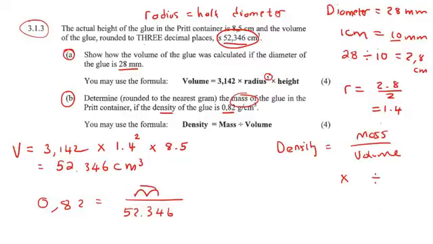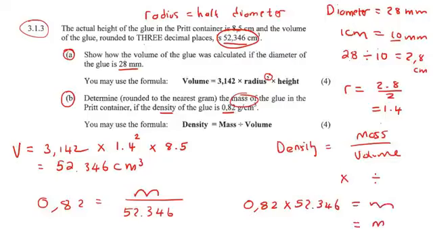Now, what are these 2 things doing over here right now? Are they multiplying or are they dividing? Well, this line over here tells us that they are dividing. So what is the opposite of divide? It's multiply. So when you take this to the other side, it becomes a multiply and not a divide. So it's going to end up becoming 0.82 multiplied by 52.346 equals m.